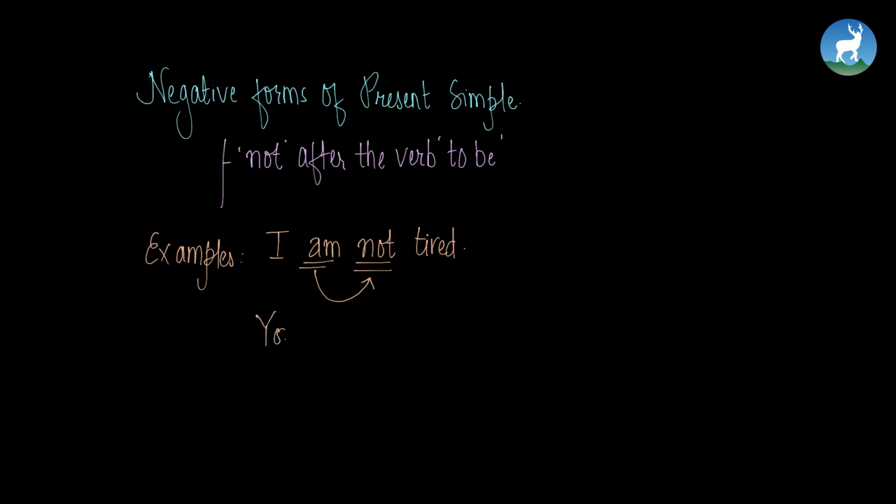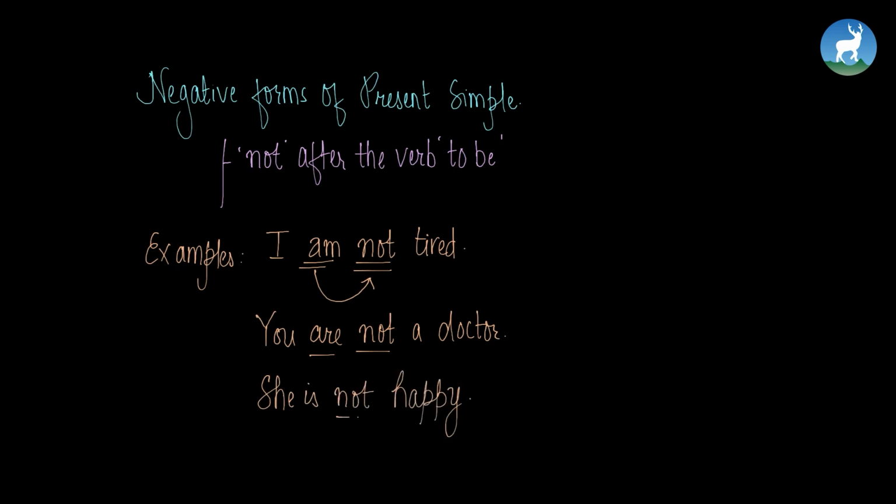Likewise, let's see some more examples. You are not a doctor. Not after are. She is not happy. We used not after is. We are not late. Here too we used not after are.